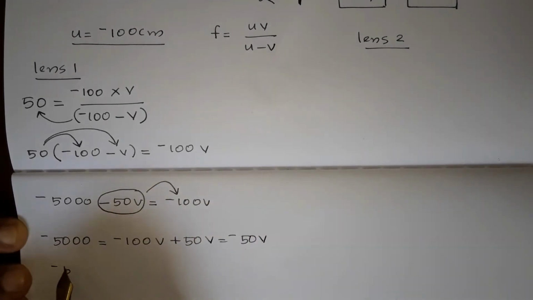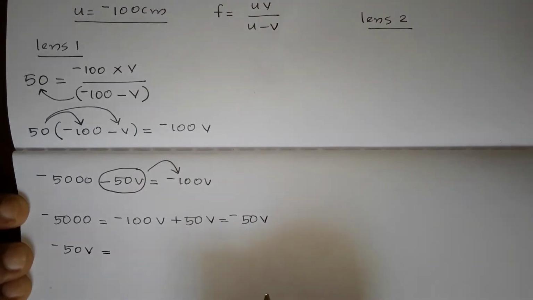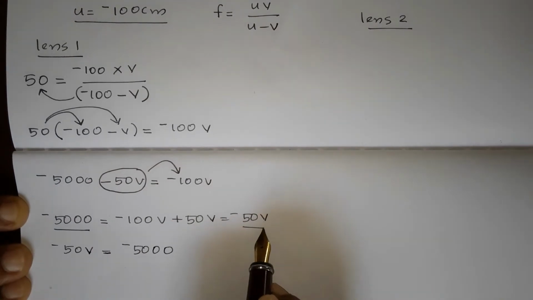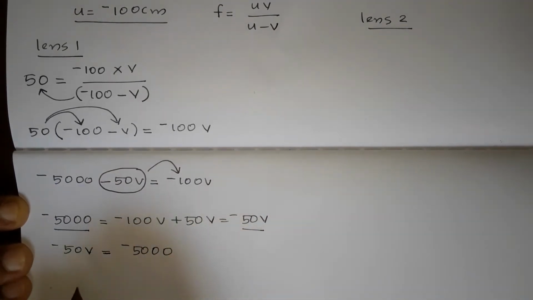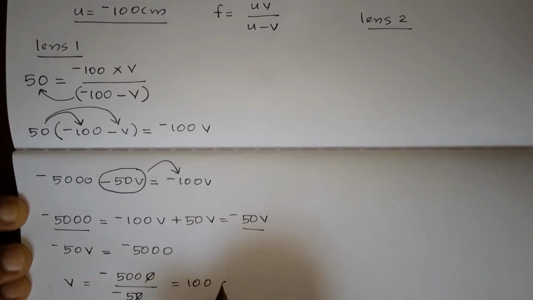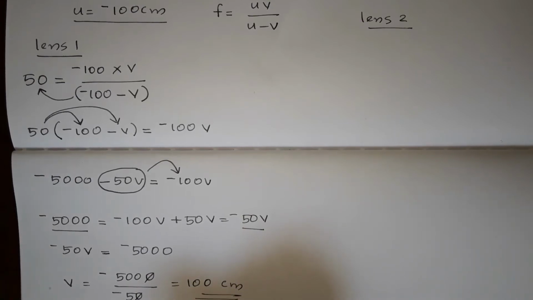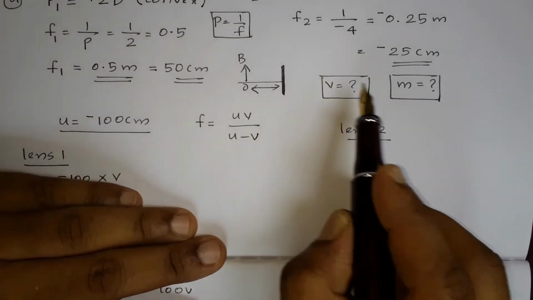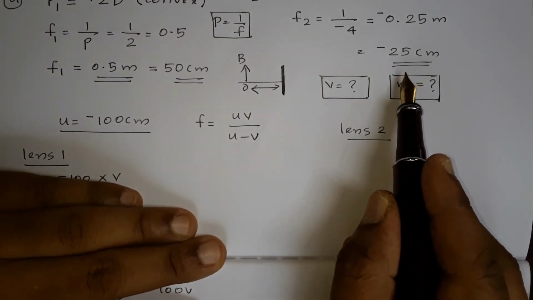So finally we got minus 50v is equal to minus 5000. So v is equal to minus 5000 by minus 50. So this is 100. So the value of v is 100 centimeters. Now let us consider the second lens. Here f2 is minus 25 centimeters.